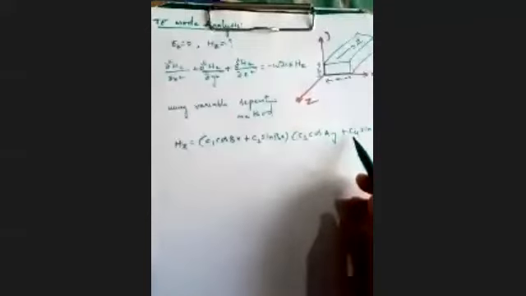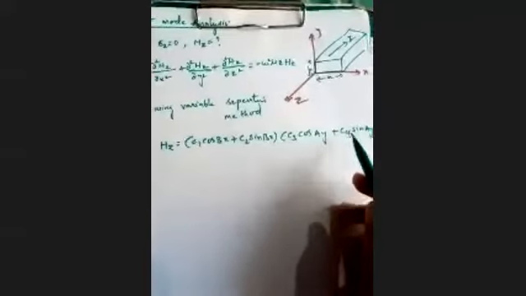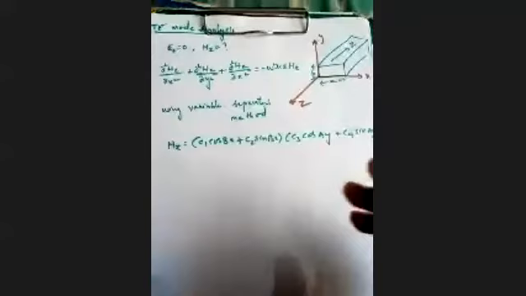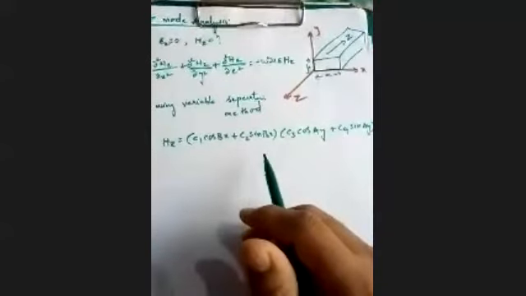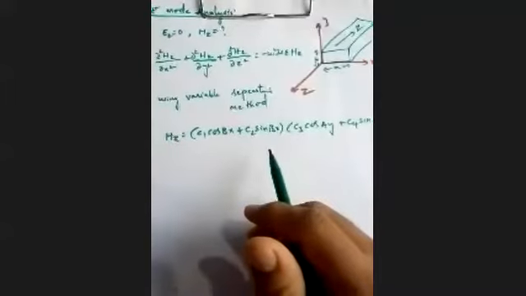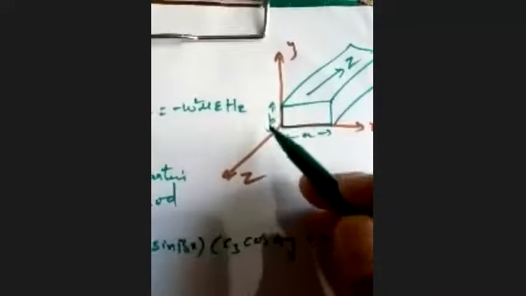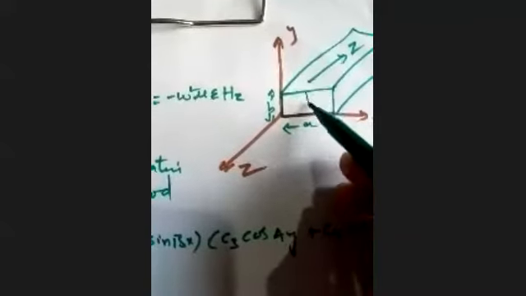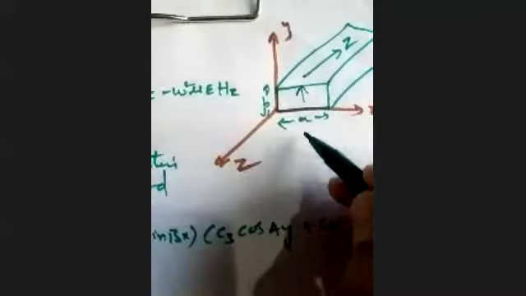So what are the boundary conditions that we make use of? The general boundary conditions: the tangential component of electric field is 0 at the boundary, and the normal component of magnetic field is 0 at the boundary. In a given rectangular waveguide, suppose this is surface 1, surface 2, surface 3.